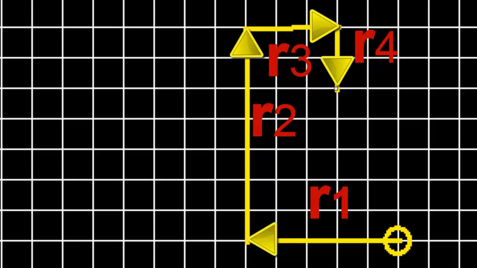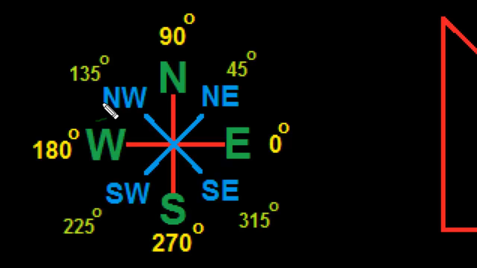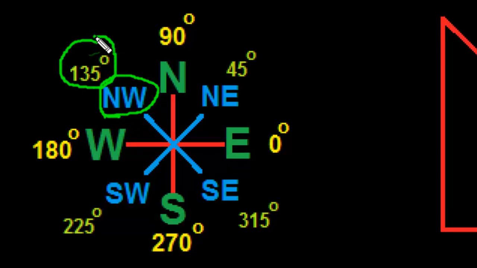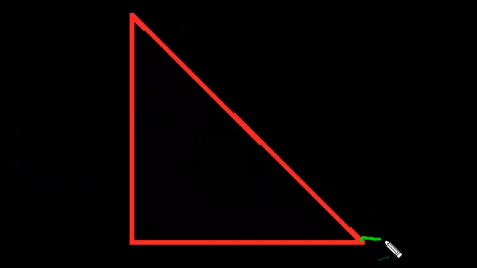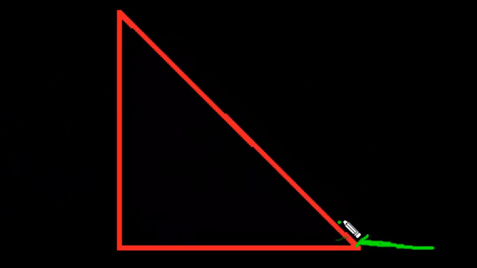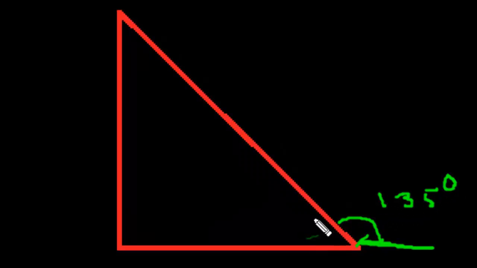I chose the square root of 32 on purpose. Let's draw a triangle and explain why 32. The direction of the last vector is northwest, which is 135 degrees from the x-axis. That means this angle here is 135 degrees. It also means that this angle here is 45 degrees.